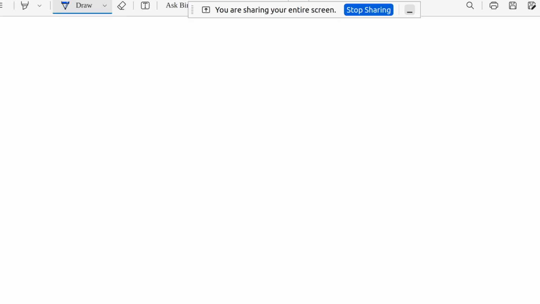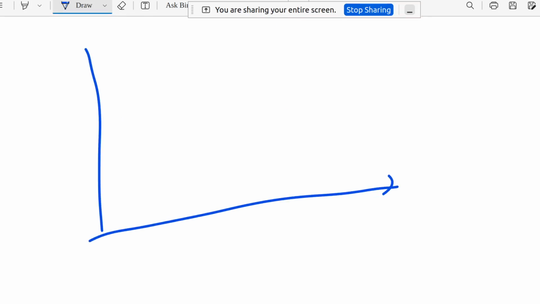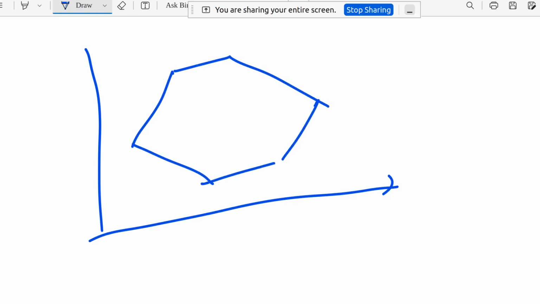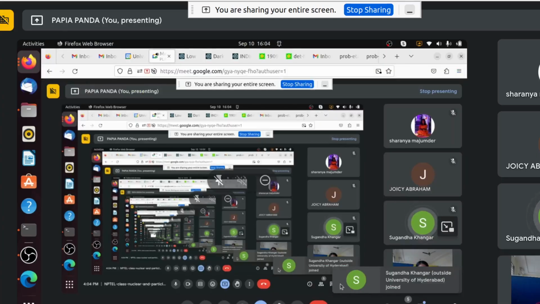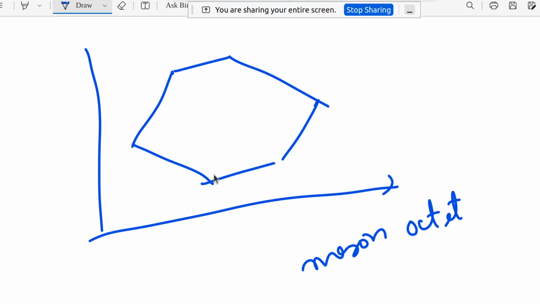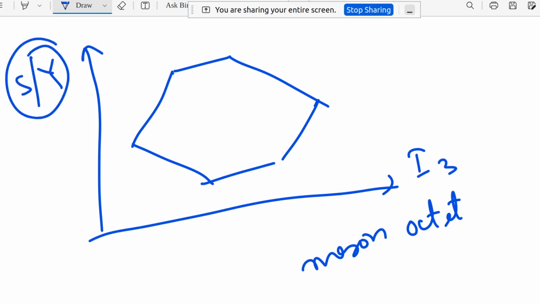For this, we will write the meson octet. In that meson octet, you can see that this is I3 and this is S or Y, because in mesons B is 0, so that means S and Y have the same value.